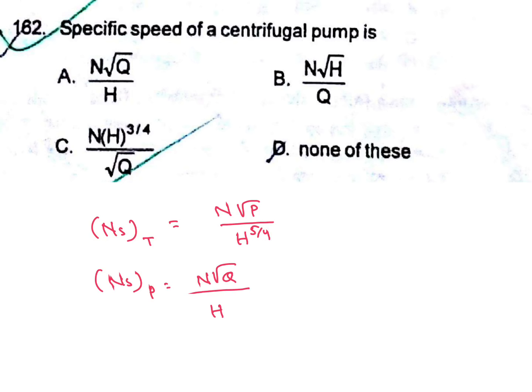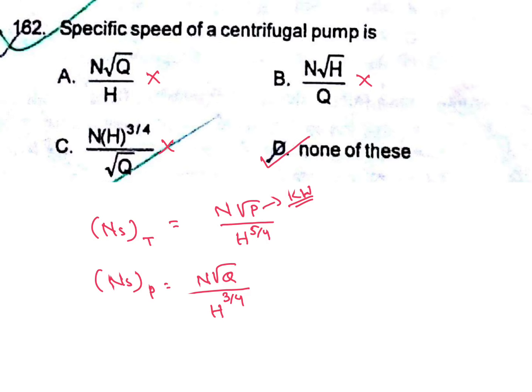H is manometric head here in case of pump. Here P in kilowatt. This unit also you have to remember. So in this question, for centrifugal pump, option A, N root QH, not possible. B, N root H by Q, not possible. This is also not possible. So D is the answer, none of these.